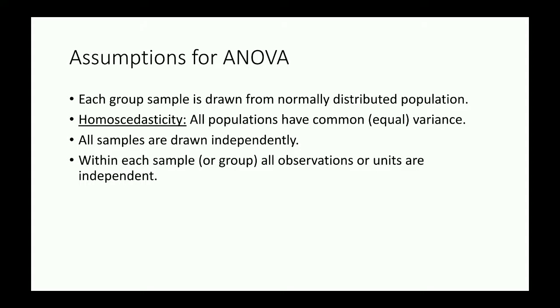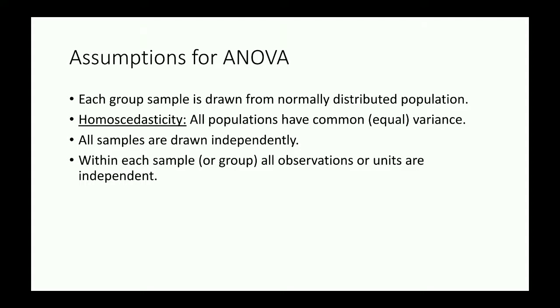Then there is the concept of homoscedasticity. Homoscedasticity says that all populations must have a common equal variance. The populations from which you are collecting your data should have equal variances. This condition may be fulfilled when a large population is there for each group, so it is presumed to be fulfilled.